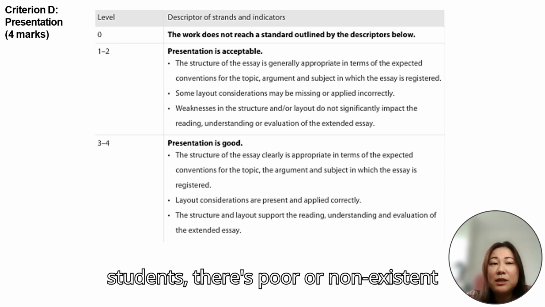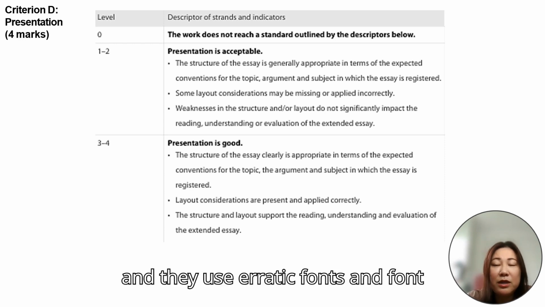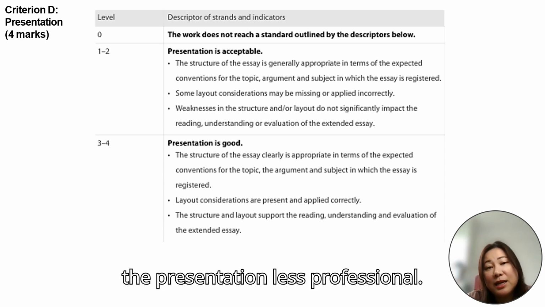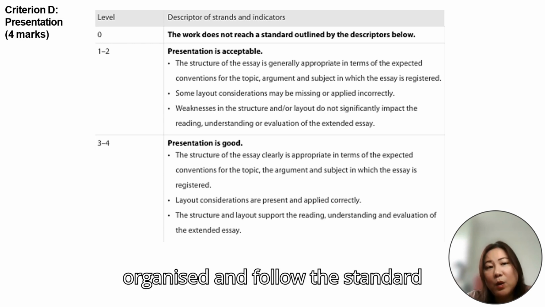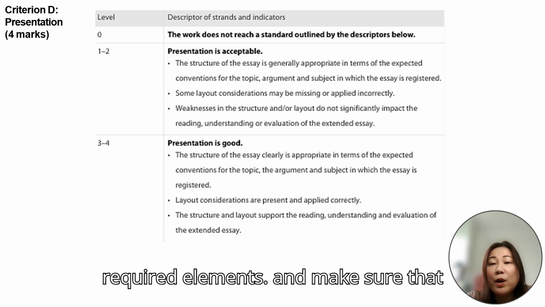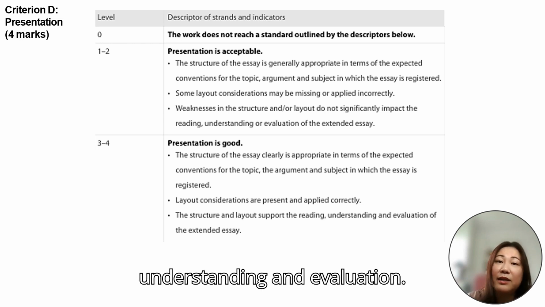For some students, there's poor or non-existent referencing system in the body text, and they use erratic fonts and font size, which makes the presentation less professional. So ensure your extended essay is well organized and follow the standard academic format, include all required elements, and make sure that your overall layout supports reading, understanding, and evaluation.